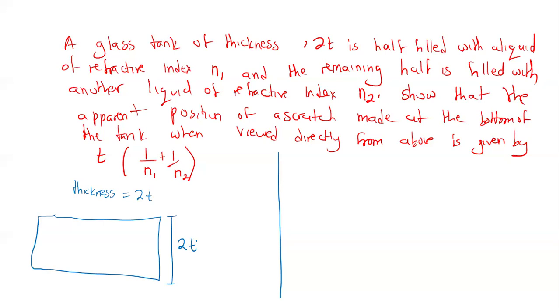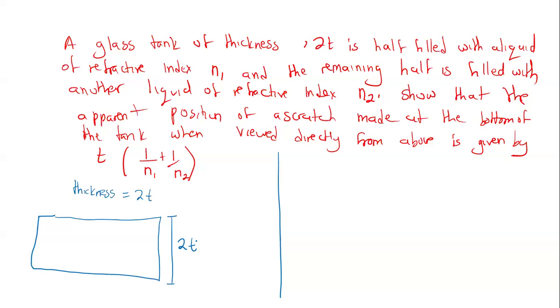Then from there, I tried simplifying and ended up with D being T into 2 N1 N2 minus N1 minus N2 over N1 times N2. So that is the D, but I'd asked for the apparent position.